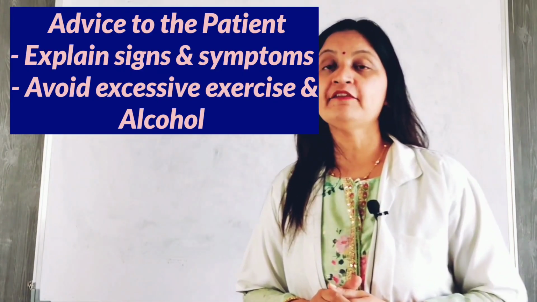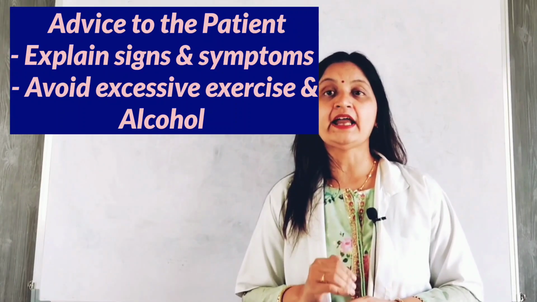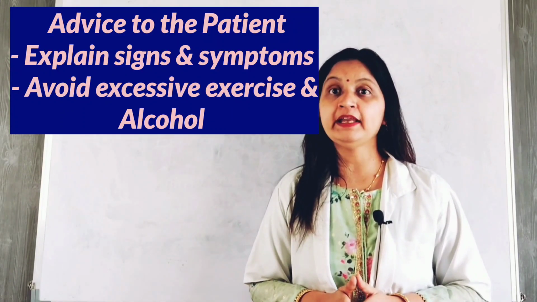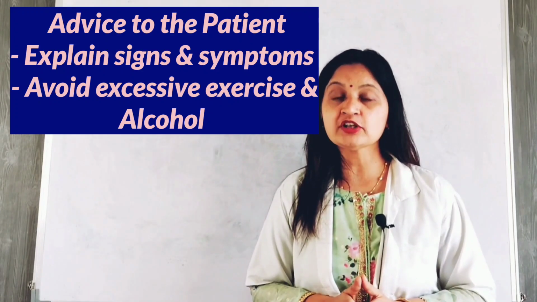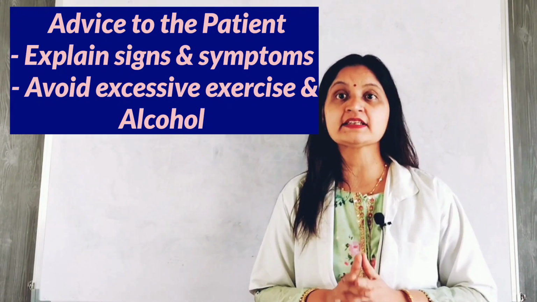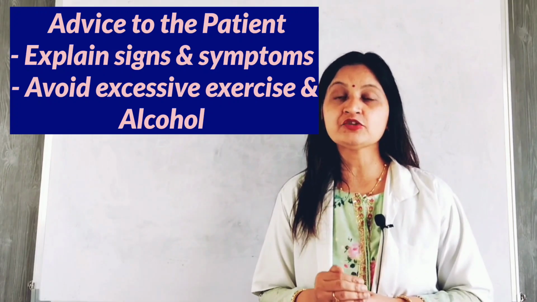So hypoglycemic attacks can be very fatal, and therefore they need to be prevented and promptly recognized and treated. The patient should be explained the symptoms of hypoglycemia and warned about the dangers of missing meals or excessive exercise and alcohol, and should be advised to take sugar at the first onset of symptoms so that hypoglycemic attacks can be prevented.